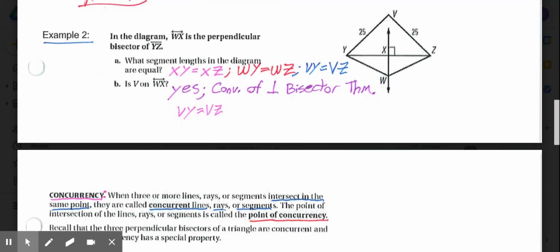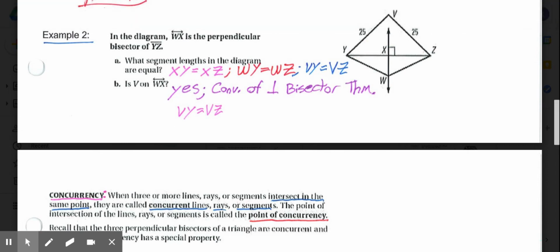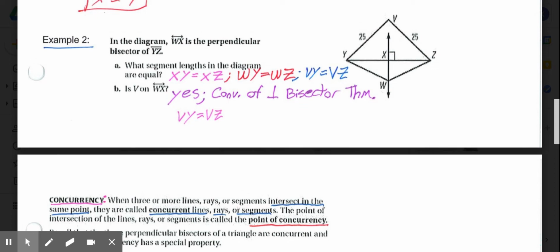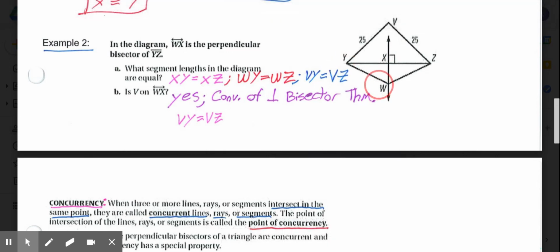Example 2. We know line WX here is the perpendicular bisector of segment YZ. What segment lengths in the diagram are equal? So if we know this is the bisector of YZ, we know YW is equal to WZ.